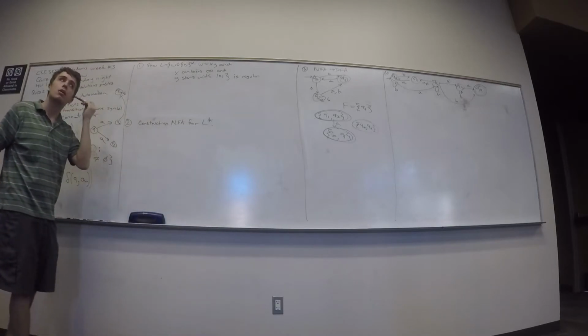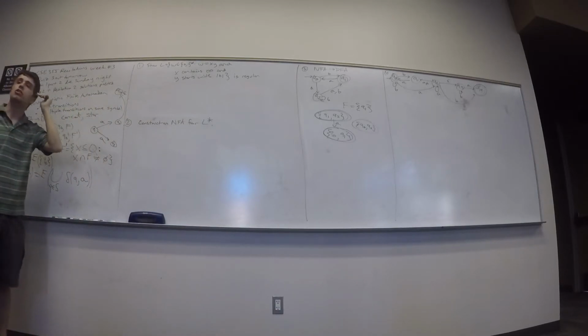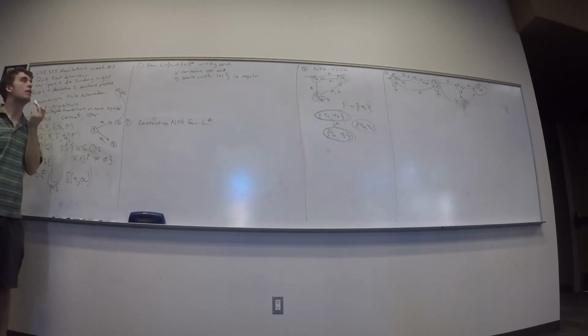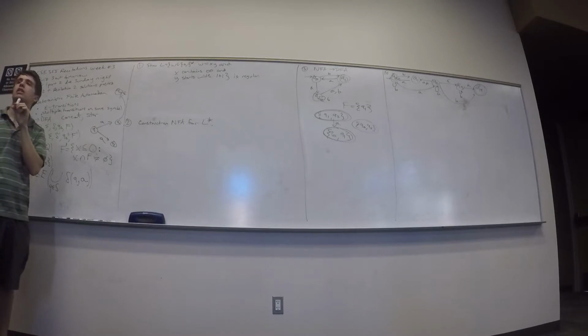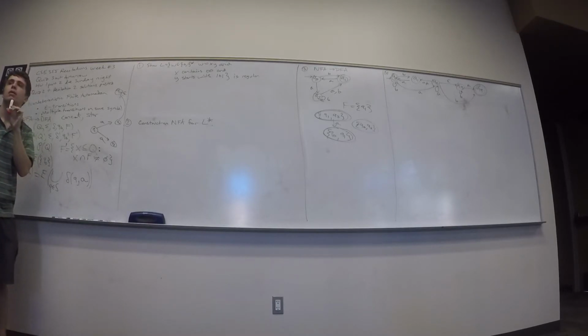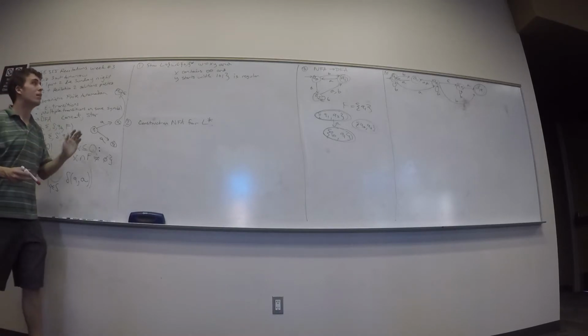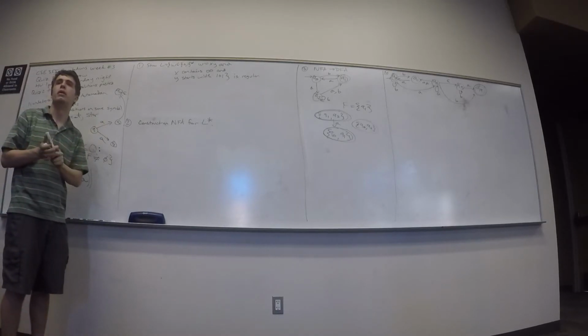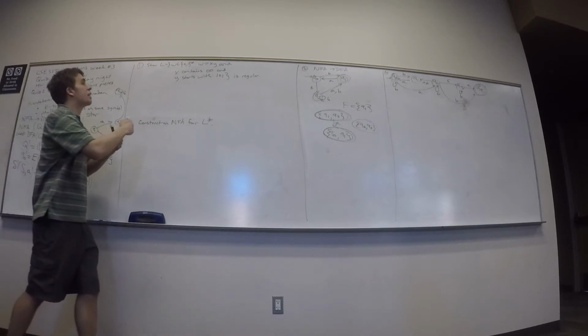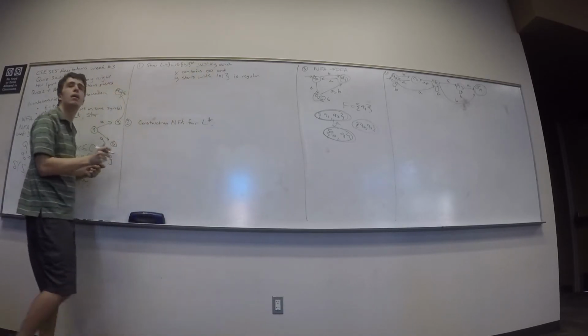So let's think. What would be a good strategy for accomplishing this? How would I go about doing this? Is there something that jumps out to you as being somewhat important? Well, and, yeah, but is there something else that's even more important? Oh yeah, this concatenation right here, right?